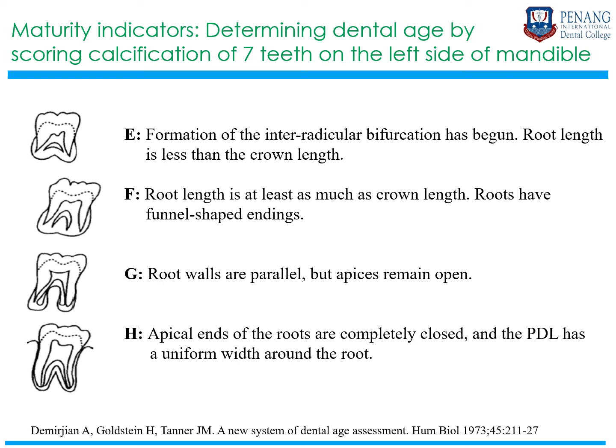In G, the root walls are parallel but apices remain open, and in H, apical ends of the roots are completely closed and the PDL has a uniform width around the root. So this gave you a brief idea as to how the dental age can be calculated by scoring calcification of 7 teeth on the left side of the mandible.